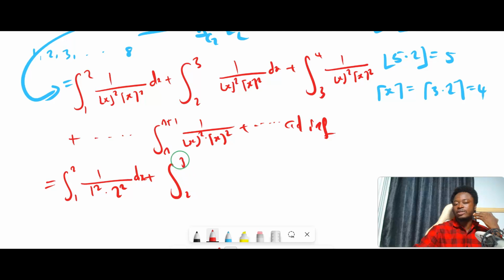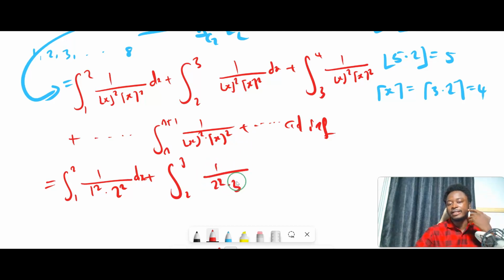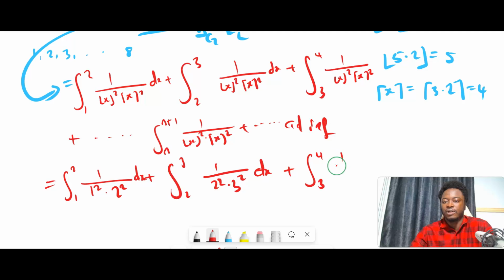From 2 to 3, this equals 1 over 2 squared times 3 squared, because on this interval the floor of x is 2 and the ceiling of x is 3. The integral from 3 to 4 is 1 over 3 squared times 4 squared, and so on.